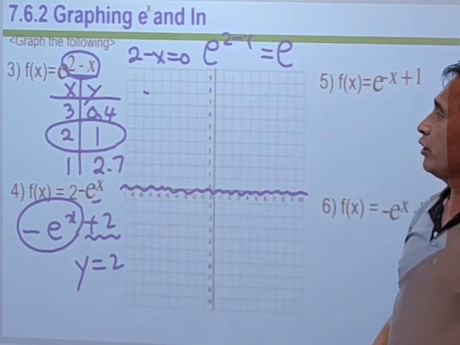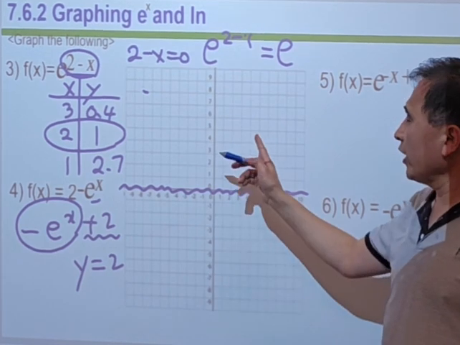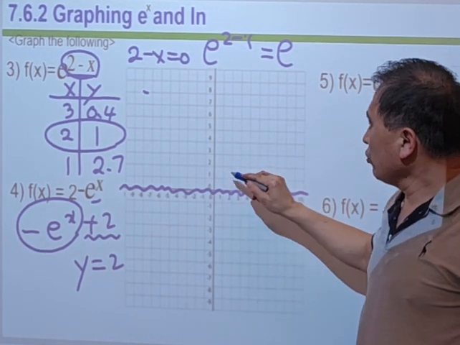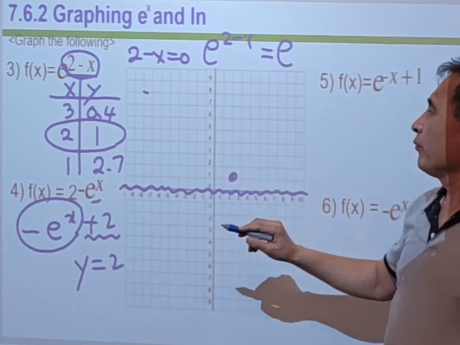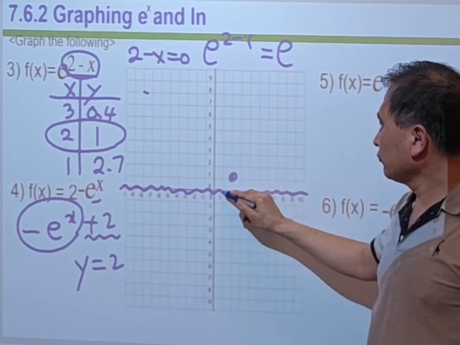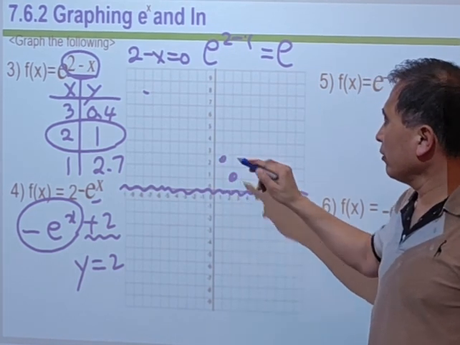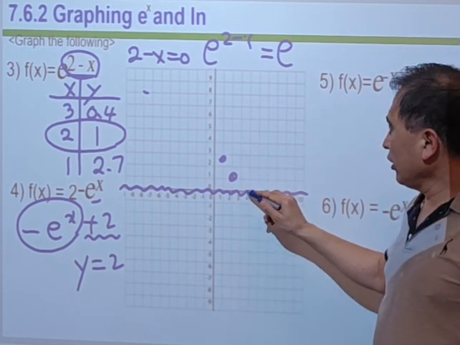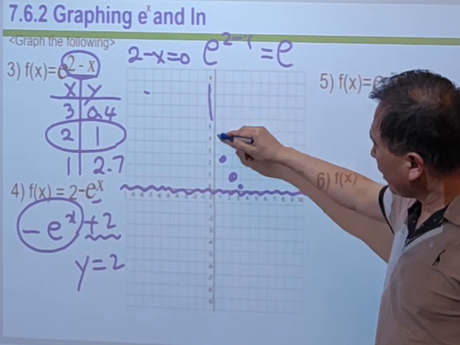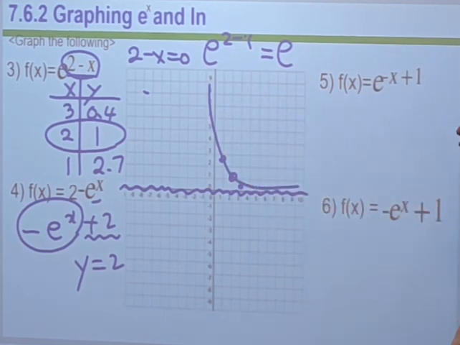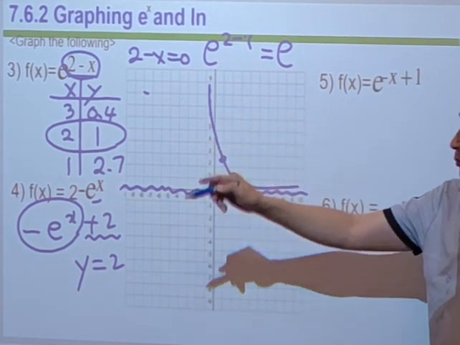So with these 3 points, we plot the points and then draw a graph. So 2, 1 right there, and then 1, about 2.7 you can approximate right here, and then 3, 0.4 we can do here. This is the asymptote right there, so we draw the graph something like that for now. So we can draw the graph number 3 like that.